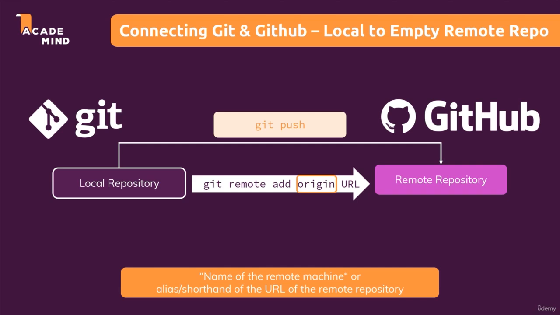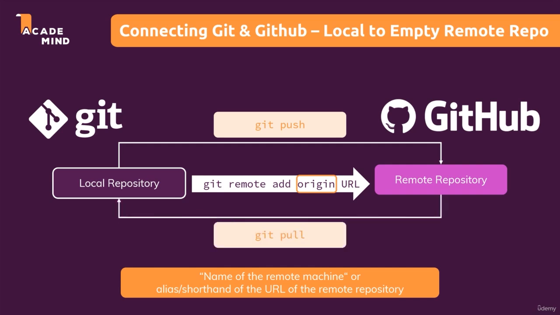And we might also want to have information that is hosted on GitHub later, so we can also create branches in GitHub, for example. And this information might also be something that we want to have available locally in our repository. For this, we'll use the git pull command.